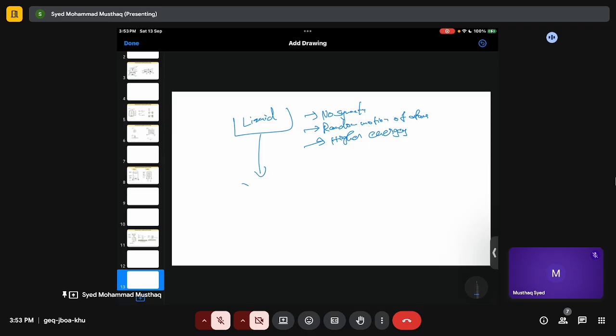When you cool it down, you form a solid, which may have symmetry, no random motion, low energy, and is densely packed.